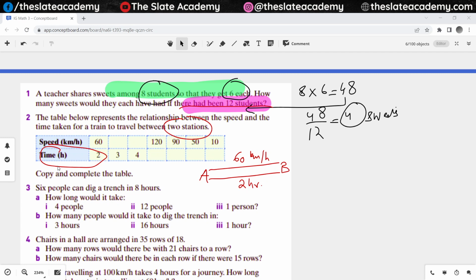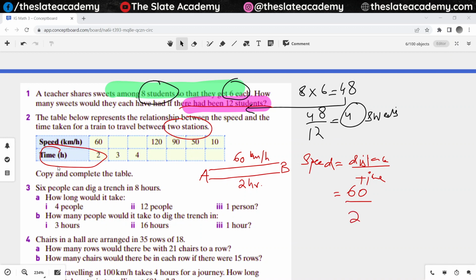So now I can write the formula: speed is equal to distance over time, right? So that tells me how much is the speed? Speed is 60. How much is the time taken? 2.